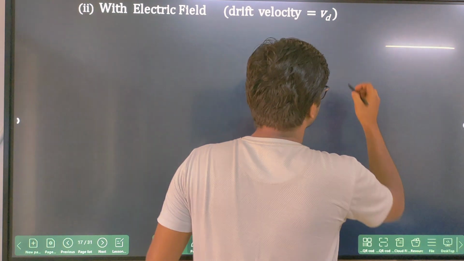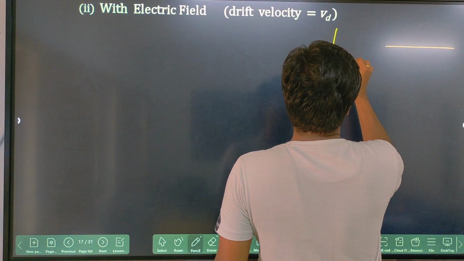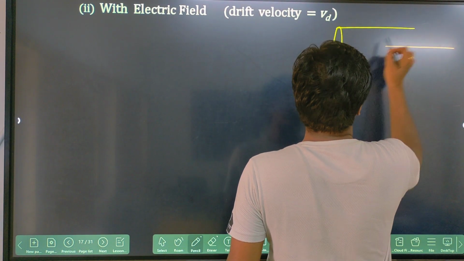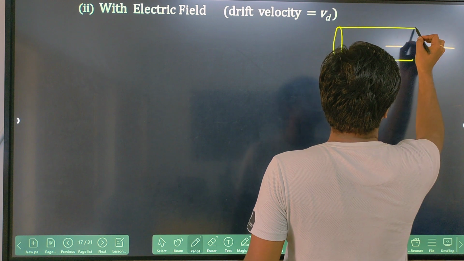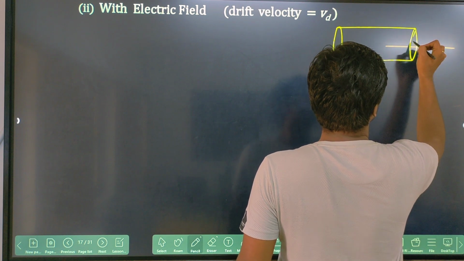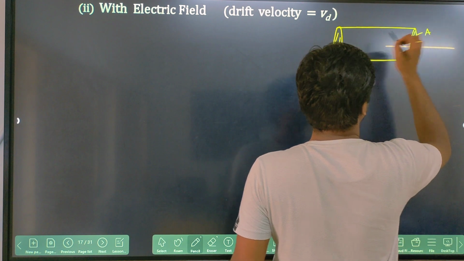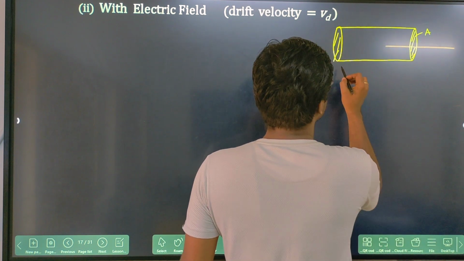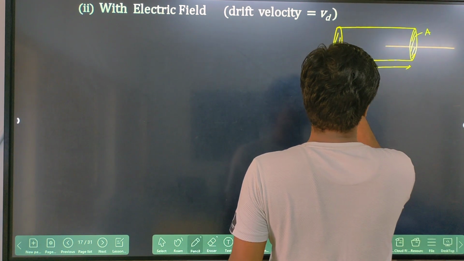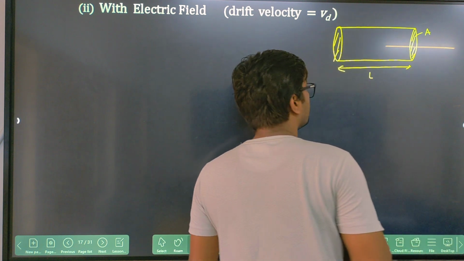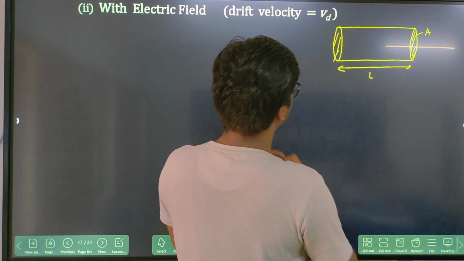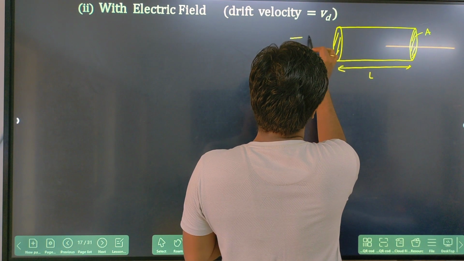So here I am drawing again. This is your conductor, and this is your cross-sectional area. I can write this cross-sectional area as A, and this length is L, right? Now you apply an electric field in this direction.